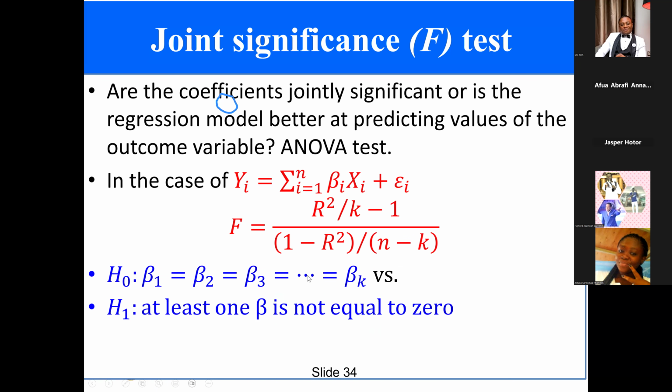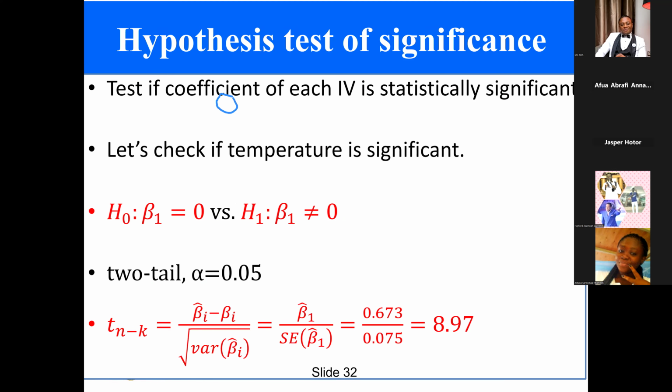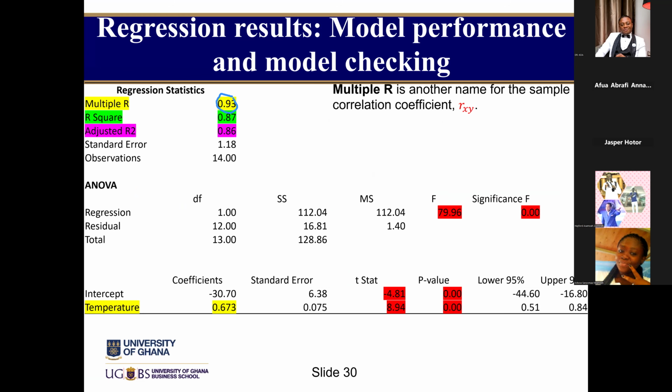All you have to do is to check the p-value for the F statistic. Where is that? Go to the table. Look here. This is the F statistic, the one I've rated them. The F statistic is 79.96. Its p-value is 0. And as long as the p-value is 0, then you are sorted.